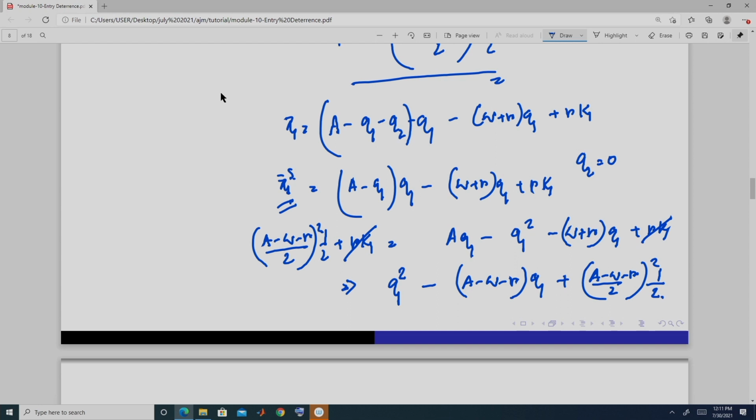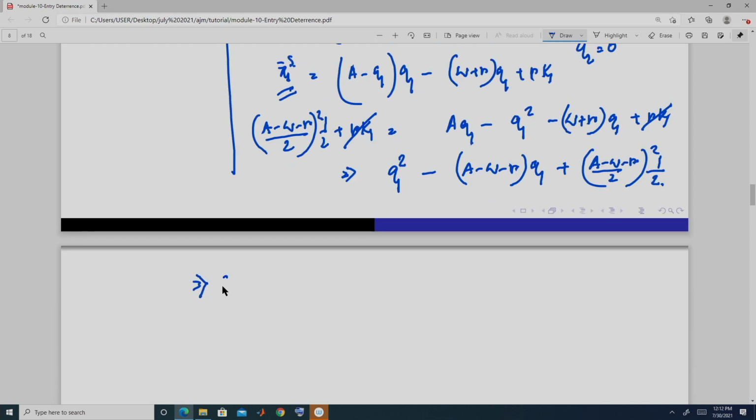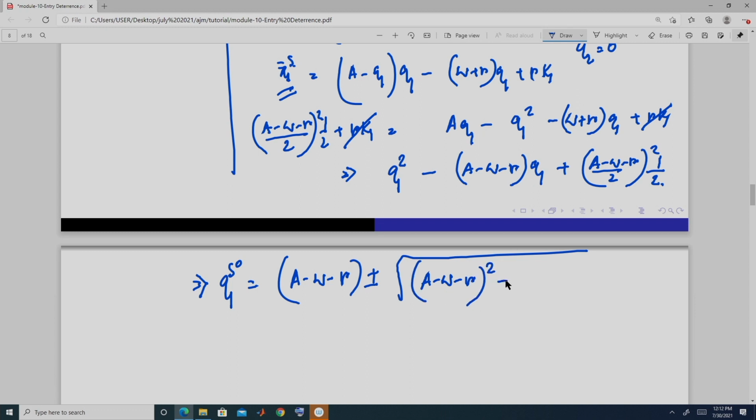We get this. So, from this we get this divided by this. So, which is this.